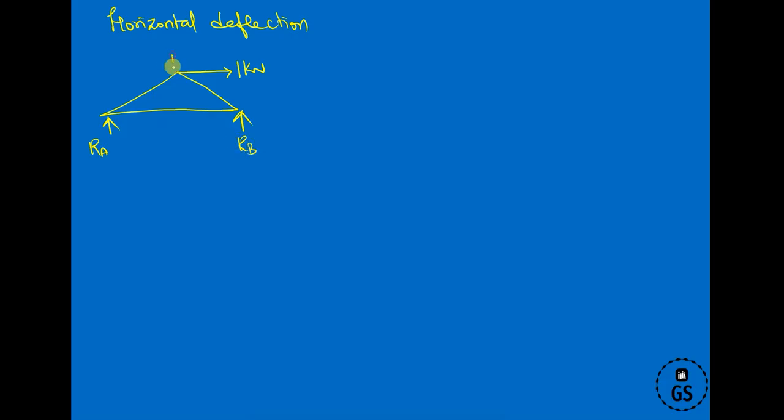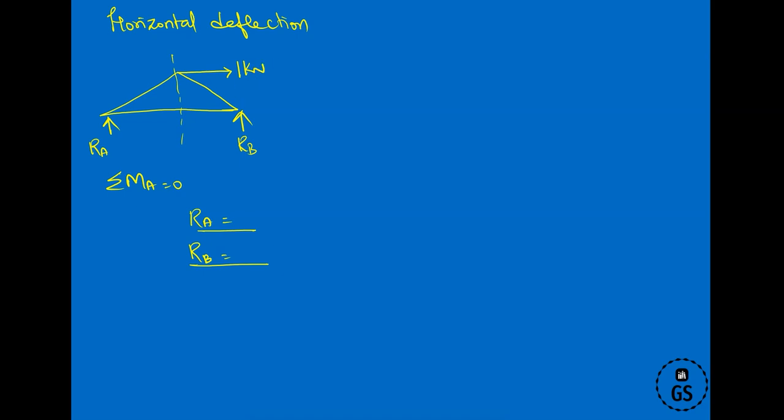Resolve the forces. Now take the moment at point A equal to 0, so find out RB and RA. Once you're done with this, now resolve the forces with the method of joint A and the method of joint B. We can find out the virtual forces due to 1 kilonewton horizontal force.